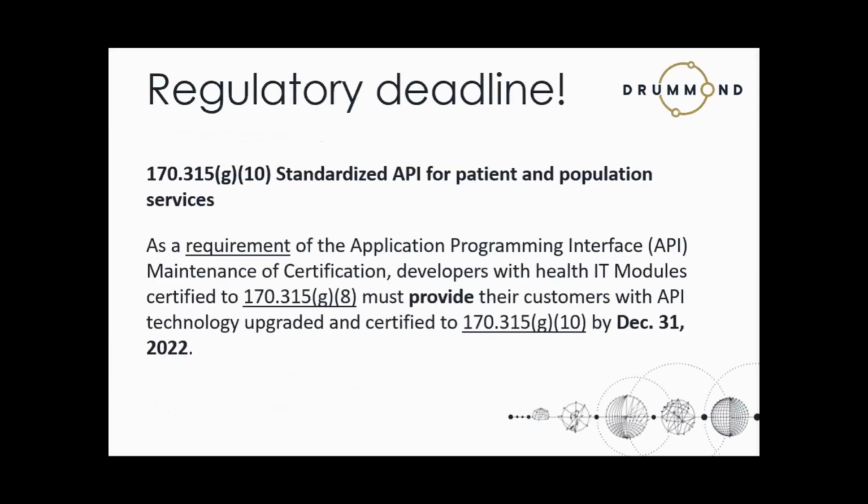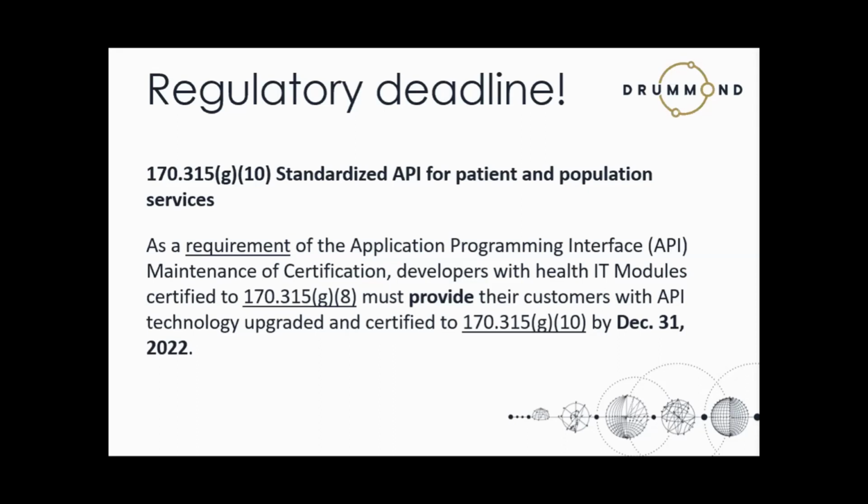Okay, so let's get into it at the very top. It's important to note the regulatory deadline, and important to notice what that really encompasses. This is ONC's key language: the requirement that for maintenance of your certification, health IT developers, you're replacing your G8 criteria with technology that is upgraded and certified to the G10 criteria by December 31st of 22.